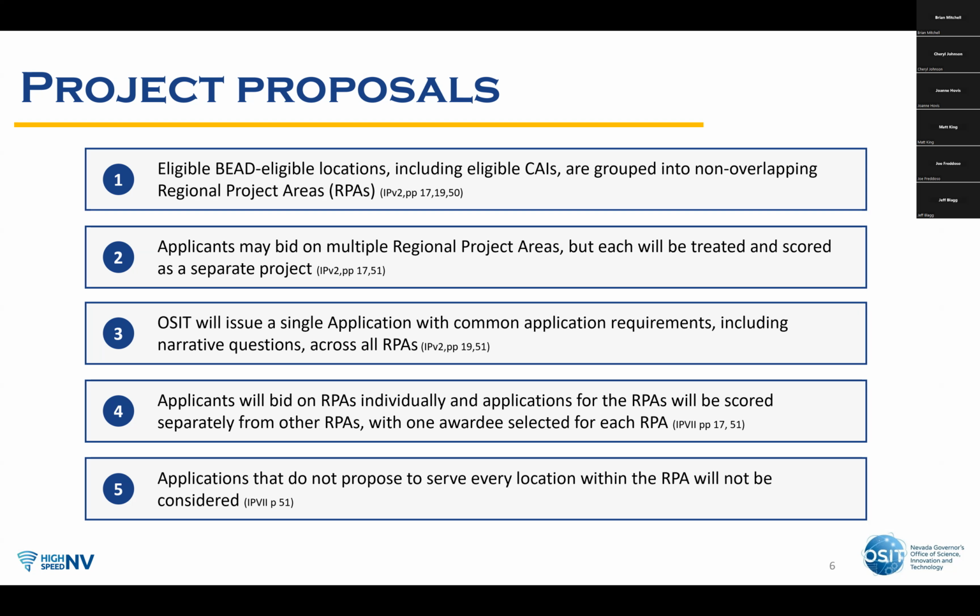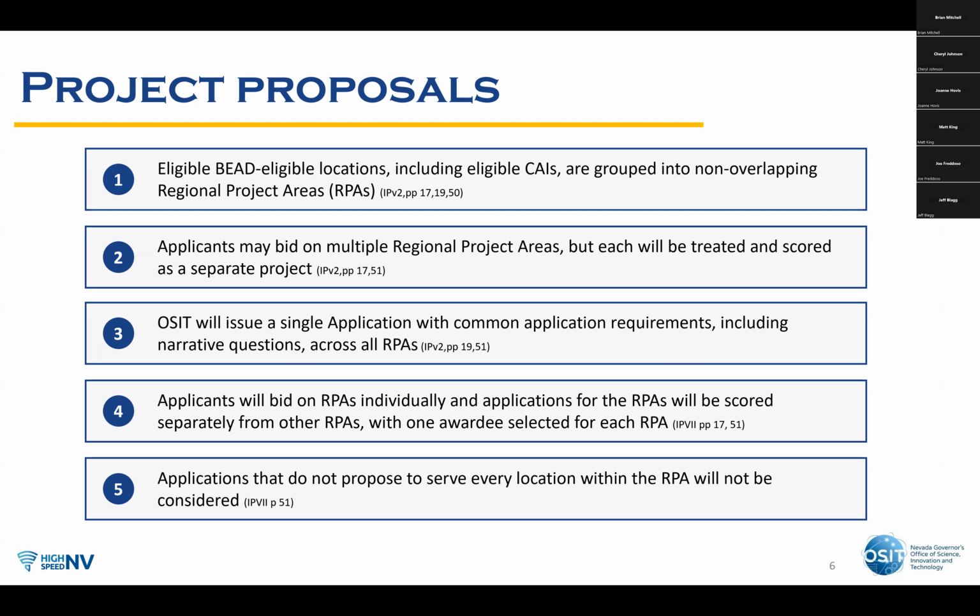What OSIT has done is created a structure in which each application will, by design, be required to provide a proposal to serve all of the BEAD eligible locations in a regional project area, or RPA.